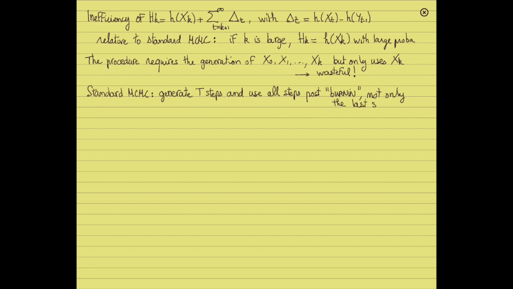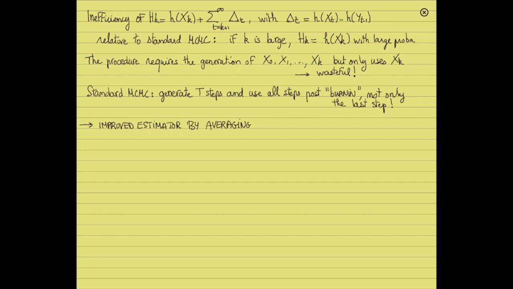We don't use only the very last step. And so indeed, it's much more efficient to arrive close to stationarity and then to exploit the chain there. And we can do that also by maintaining the unbiased property.